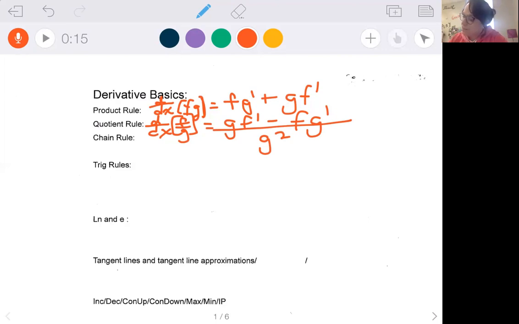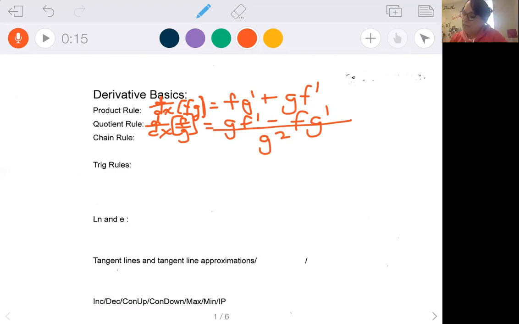So that would be f prime of g of x, so cosine of 5x, times g prime of x. The derivative of the guts in this case is 5. Nice, easy peasy chain rule. And remember, we can have multiple things linked at once. So if this had been e to the sine of 5x, we just layer it more. I don't want to talk about that one because e's coming up.